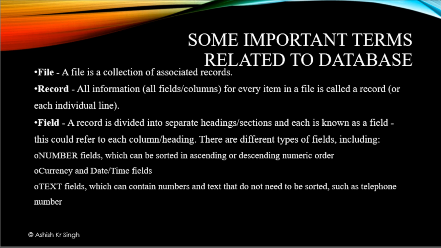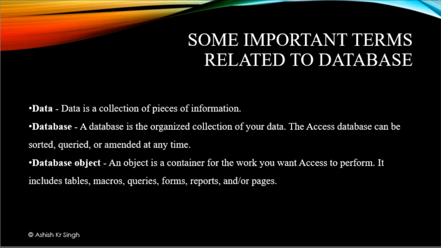If one is number, then all number. If one is text, then all text. If one is currency, then all currency. Vertically, the data type will not change, but when you navigate horizontally in a table, the data type will change according to how we have defined it.